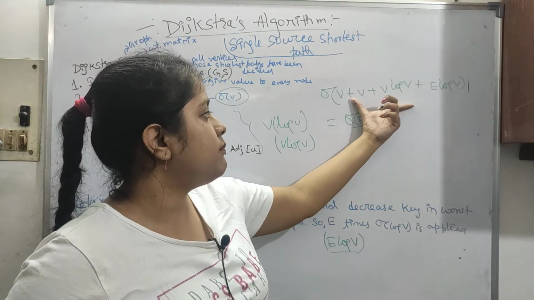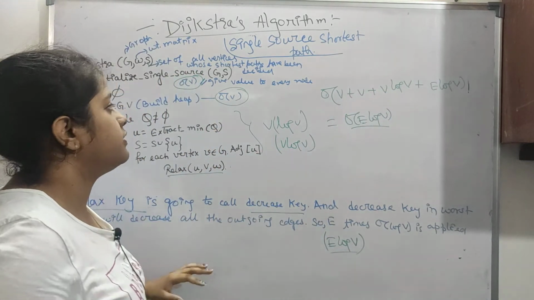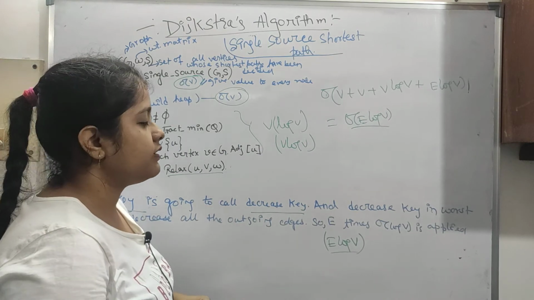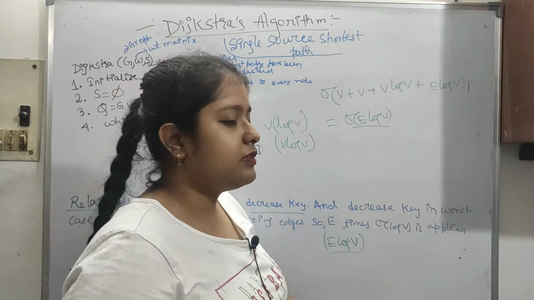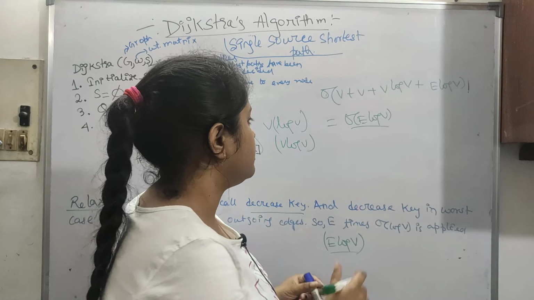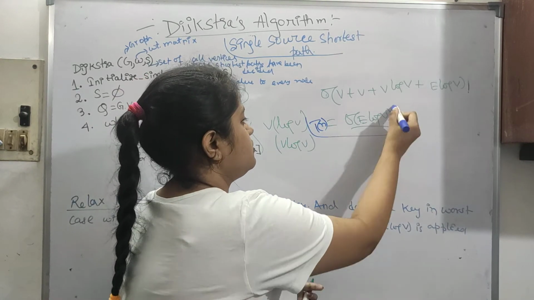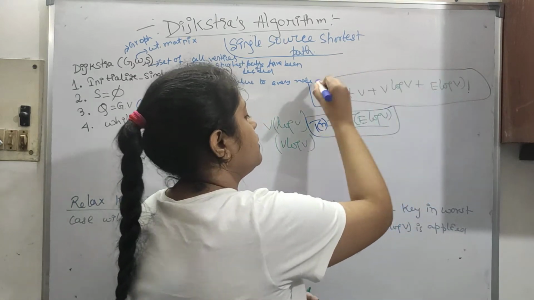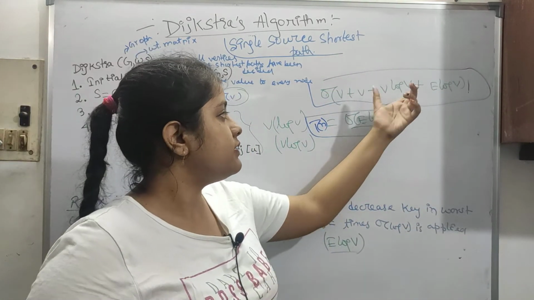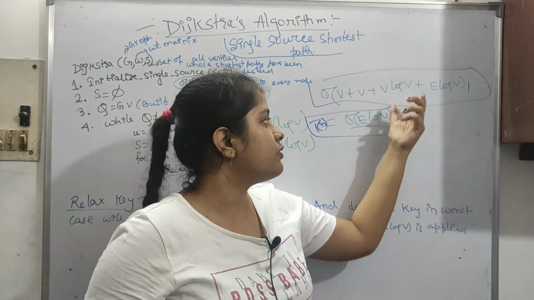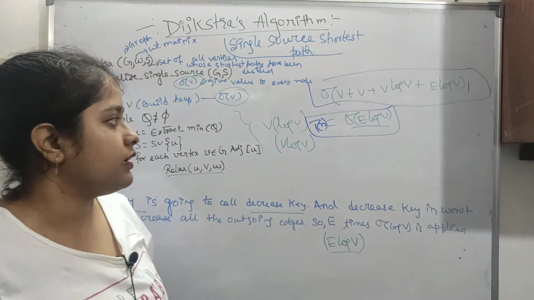So remember this. Check the algorithm once or twice and practice it. The time complexity is E log V, basically this or this. We have taken the worst case, but in some questions V log V or E log V are taken together.